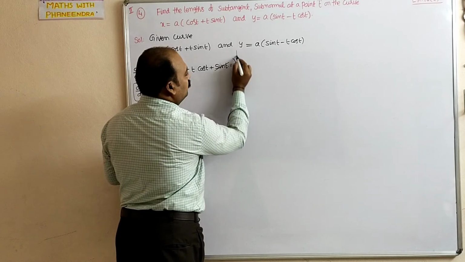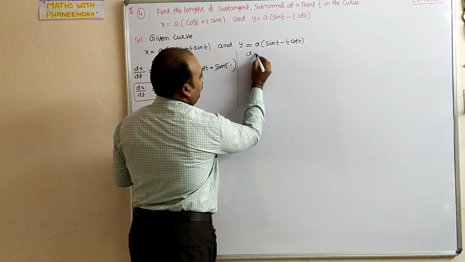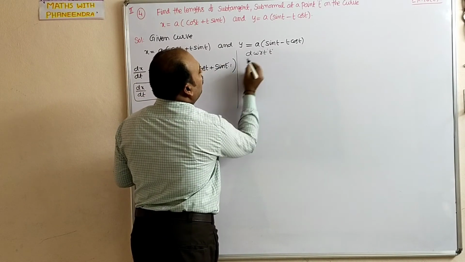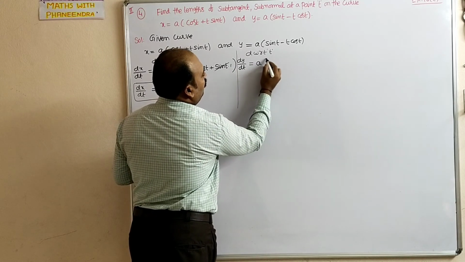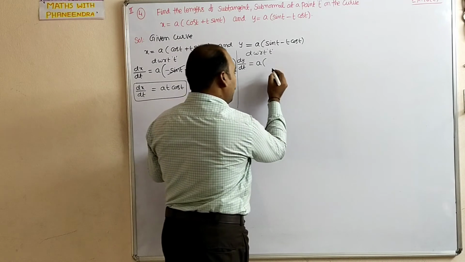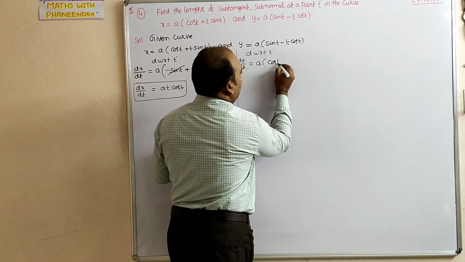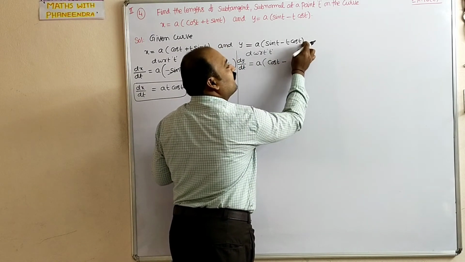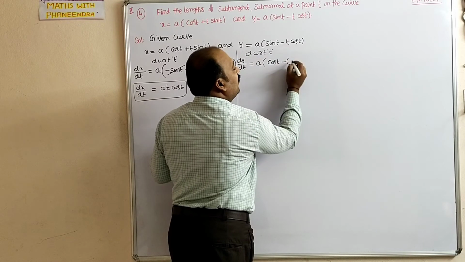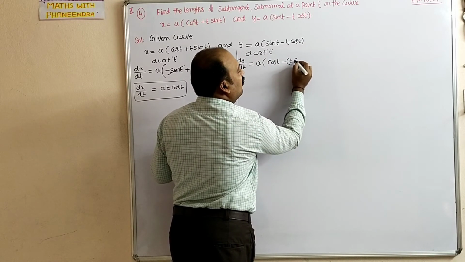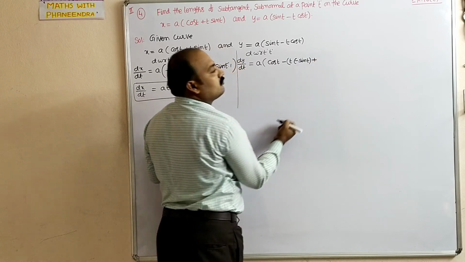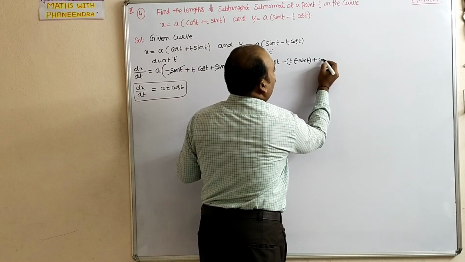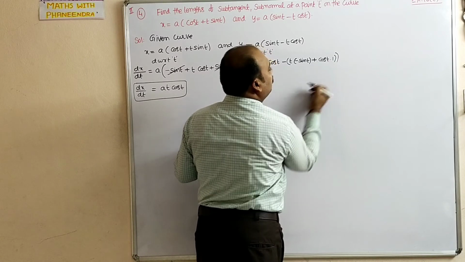Now come to y. Differentiate with respect to t. The derivative dy by dt is a into d by dt of sin t, which is cos t, minus, using the uv formula, keeping the bracket, t into d by dt of cos t, which is minus sin t, plus cos t into d by dt of t, which is 1.